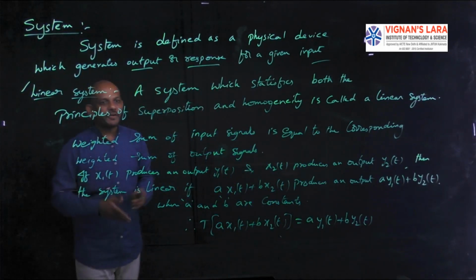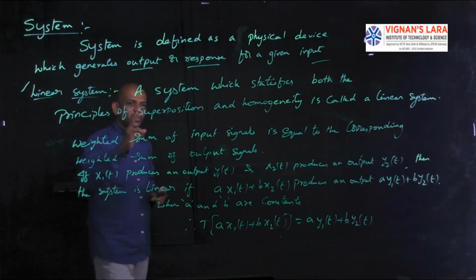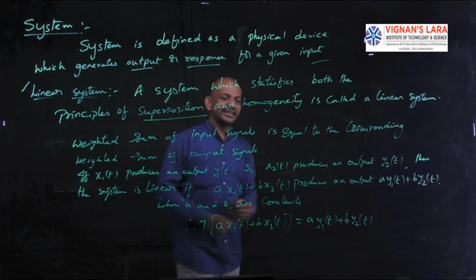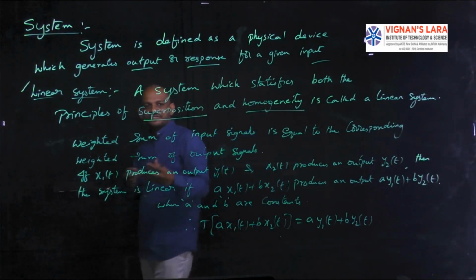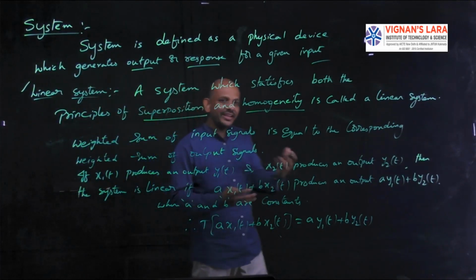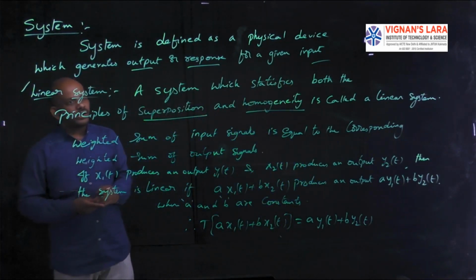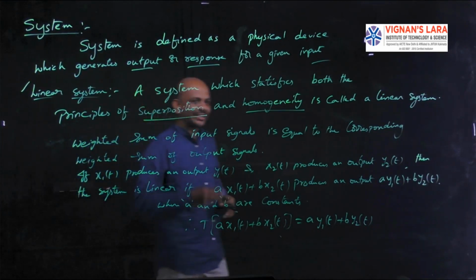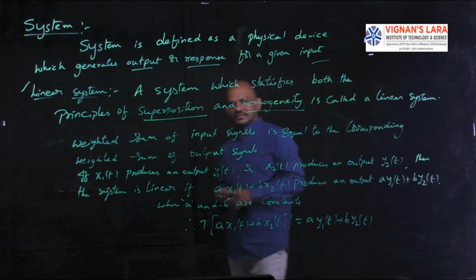That is, if I want to say a system is linear, it has to satisfy two principles: the superposition principle and the homogeneity principle, or simply, the additive property and the homogeneity property. Then we can say that system is a linear system.